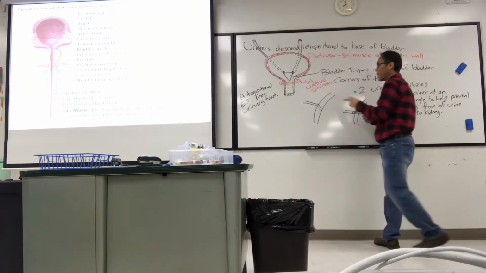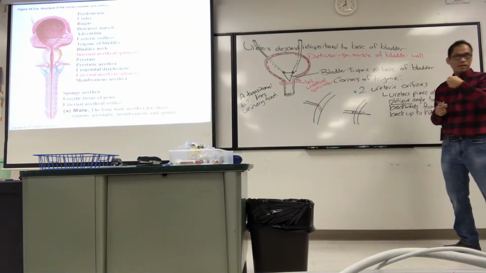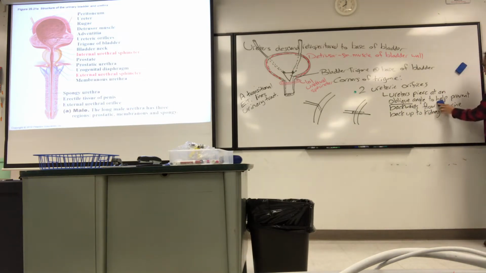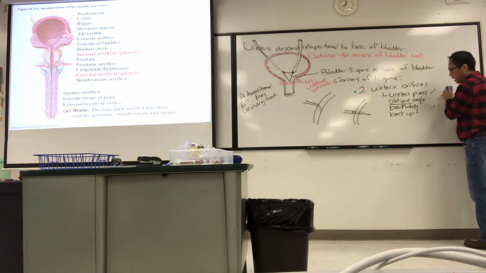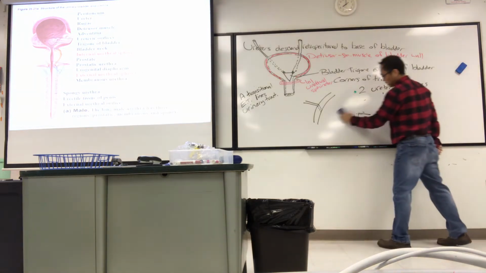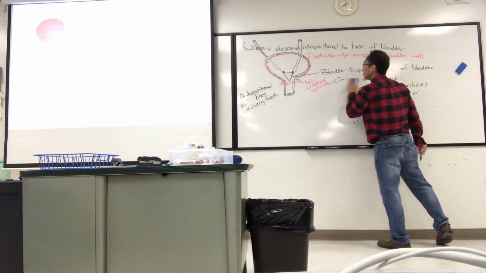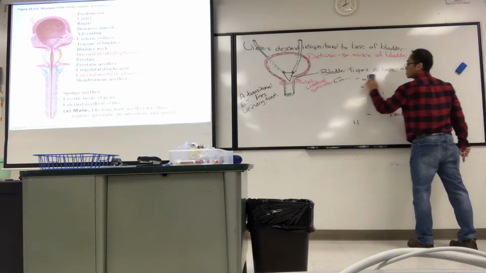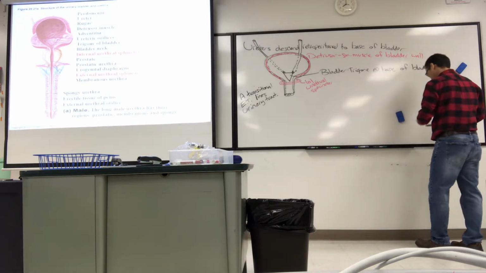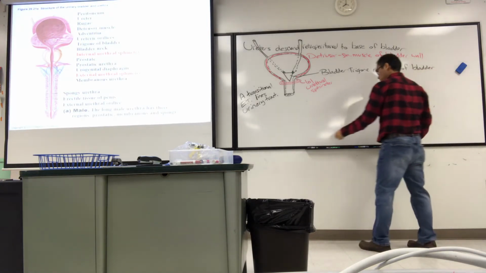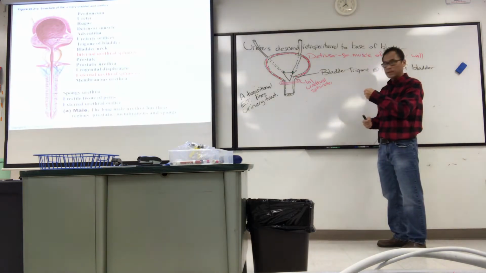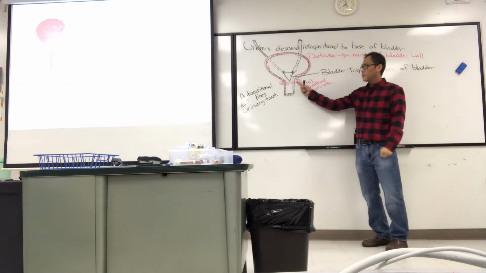It's smooth muscle that'll keep it shut, okay? It won't let the urine that the bladder stores from dribbling out. That's called incontinence. So when it's stimulated to be contracted, sphincters kind of squeeze and it'll keep the urethra shut.